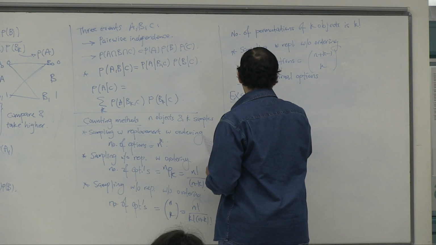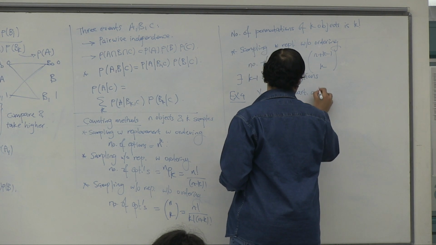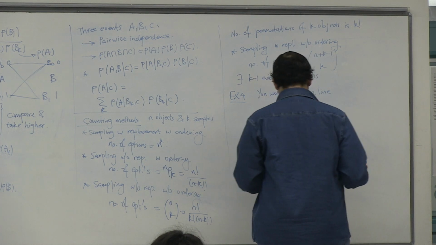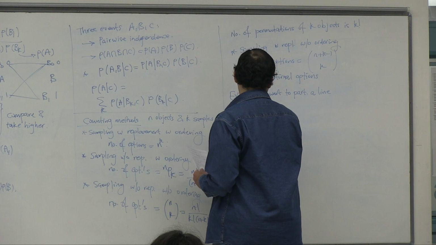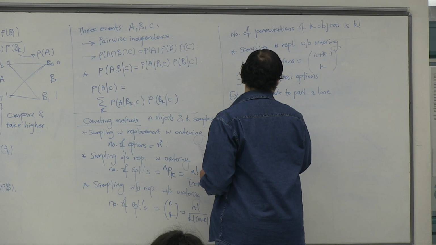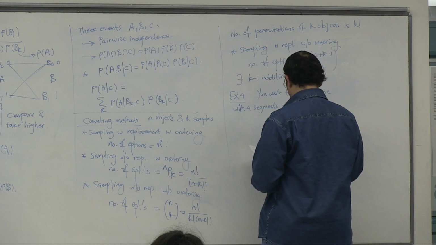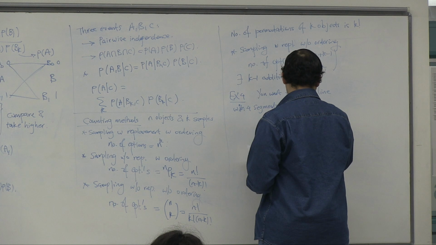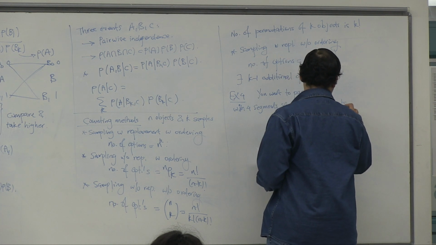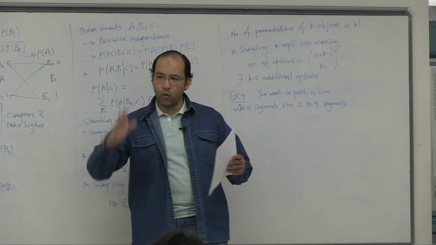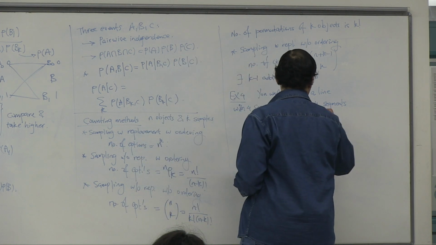You want to partition a line with 4 segments into 2 to 4 segments. So it has 4 original ones, and you want to make cuts into 2 to 4 different, distinct segments.